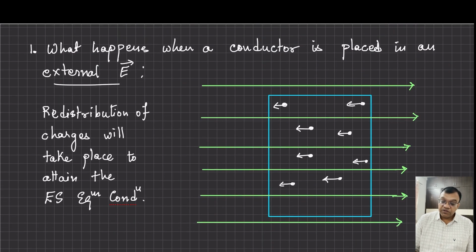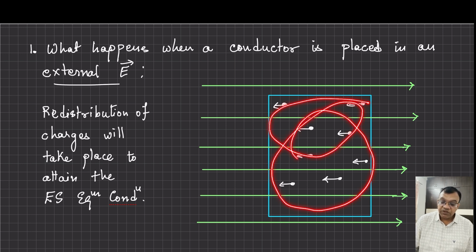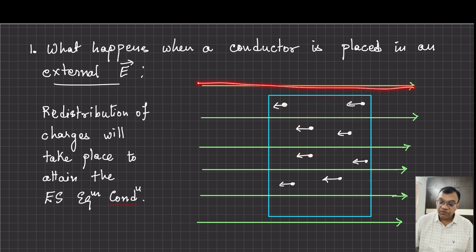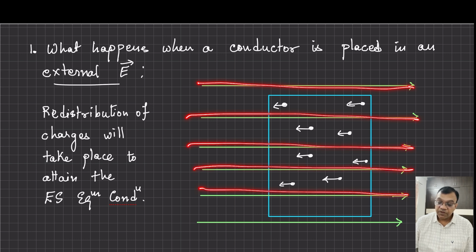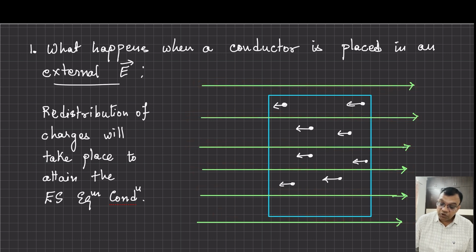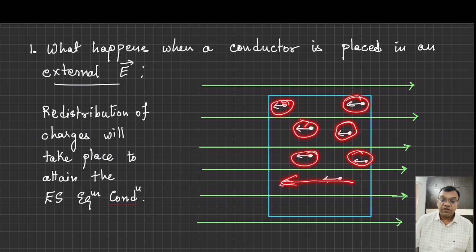So in short, I can say, now you see here, when this conductor is placed in this external electric field, these electrons will move opposite to the electric field. Redistribution of charges will take place.